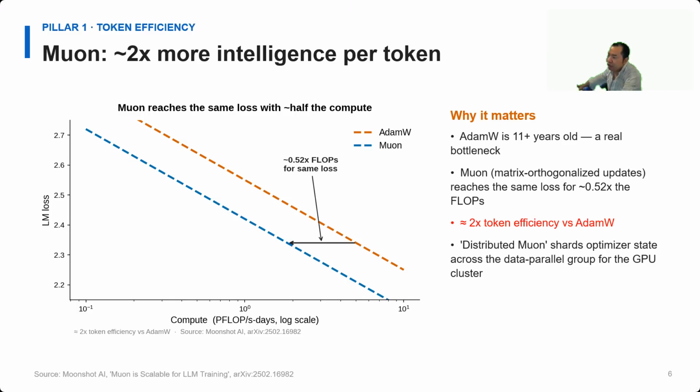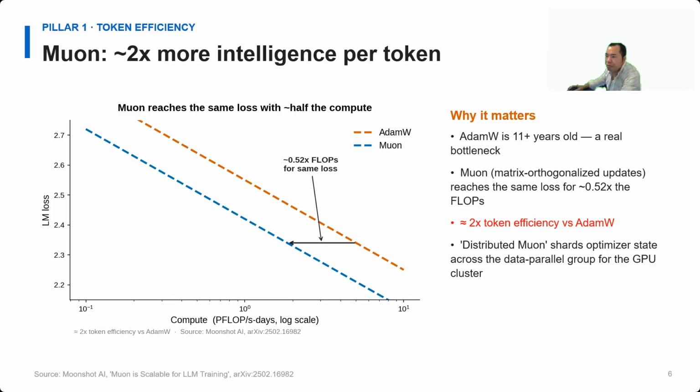Two crucial engineering additions made this work at scale. One is that weight decay becomes critical for large models, and the second is consistent root mean square updates, which keep per-parameter magnitude in check.